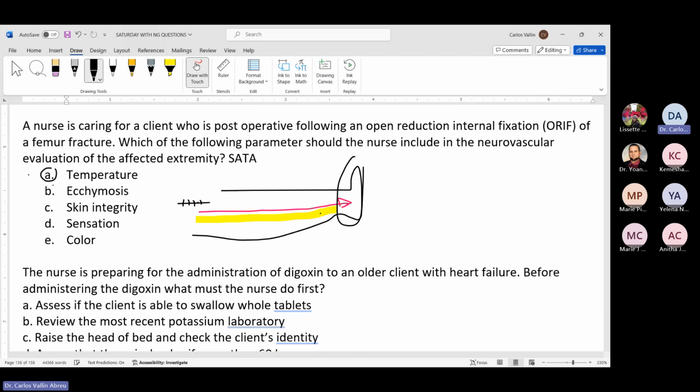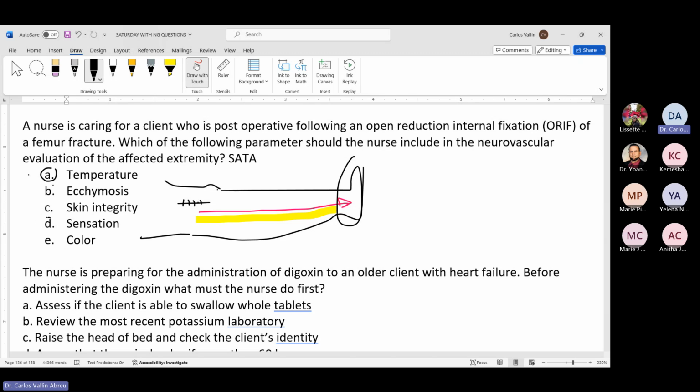It has nothing to do with the neurovascular assessment. Ecchymosis is just blood spill in the site of the injury. So, no. Skin integrity, no. Skin integrity has nothing to do with the artery and the nerve.